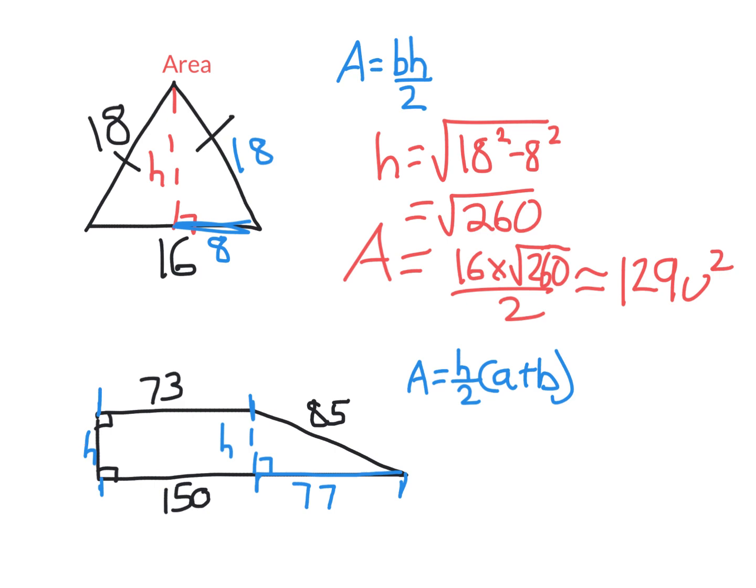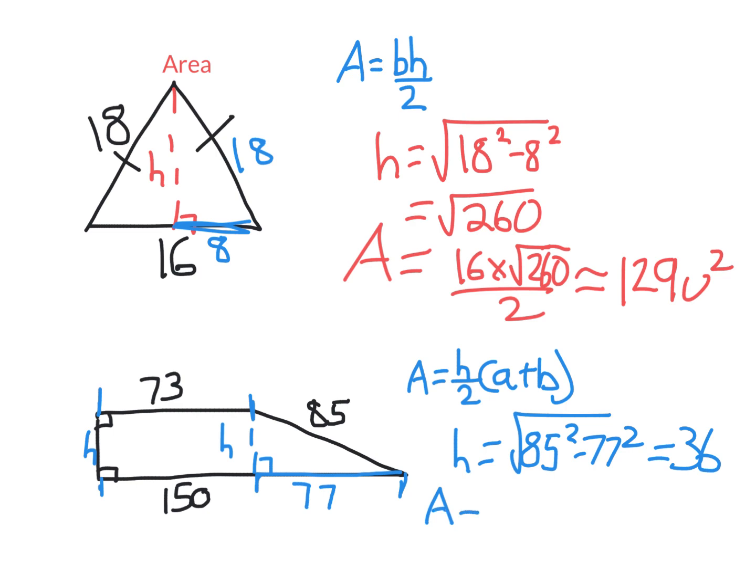So let's use Pythagoras' theorem. We're finding a shorter side again, so we minus: square root of 85 squared minus 77 squared, which gives us exactly 36.